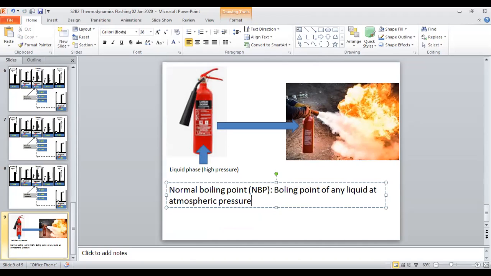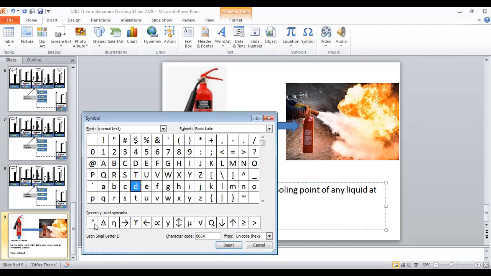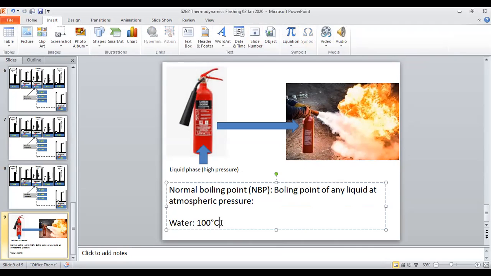Example, let's say water, 100 degrees Celsius. This is the water normal boiling point. Water's normal boiling point is 100 degrees Celsius.